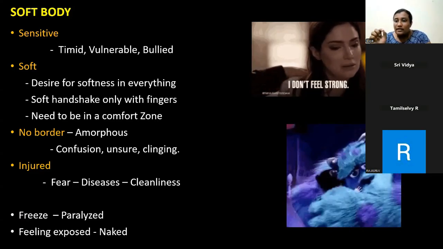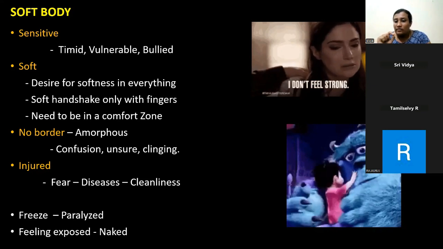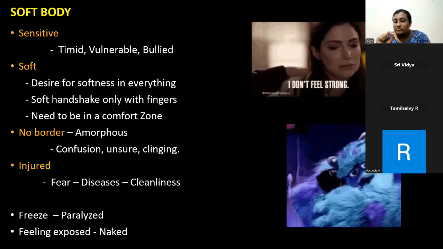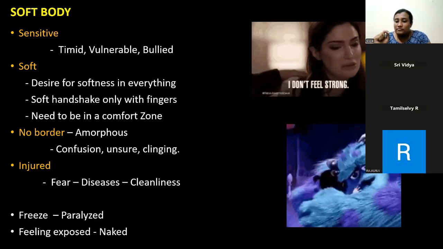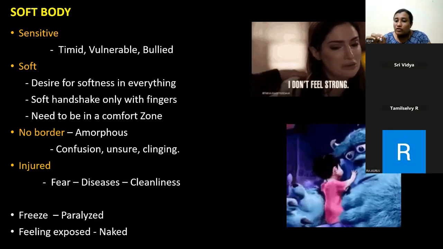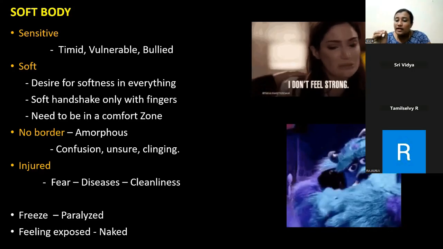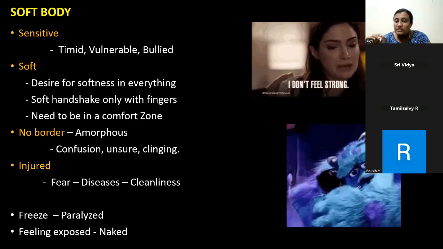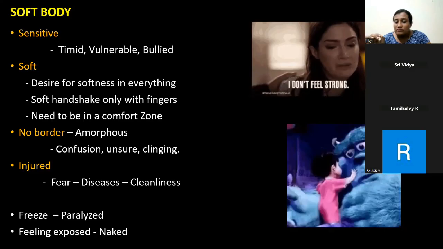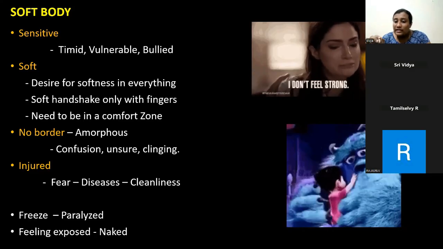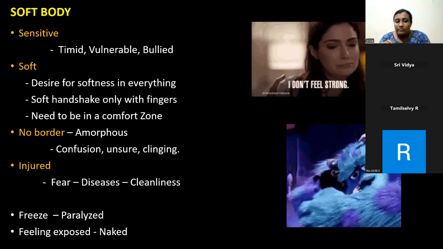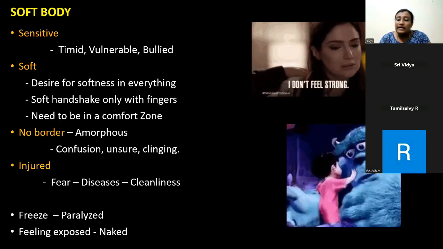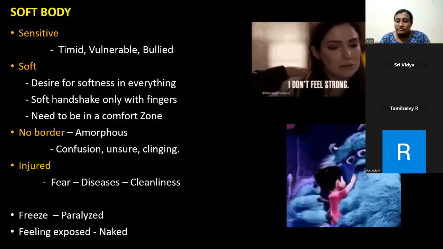Actually, pearl is the dust which enters into the animal, which is transformed into something beautiful. So these people will be fastidious because they can't tolerate even the smallest of dust. They are so much sensitive. So they are clean, fastidious.